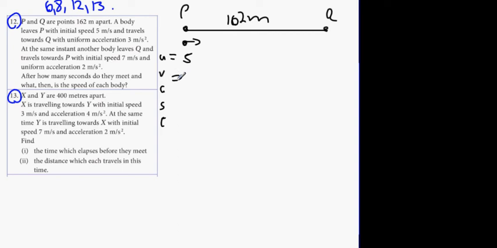So u equals 5, v equals unknown, a equals 3, s unknown. At the same instant, another body leaves Q and travels towards P. So there's another u v a s t system over here, and it's traveling at initial speed of 7, a uniform acceleration of 2. After how many seconds do they meet, and what then is the speed of each body?